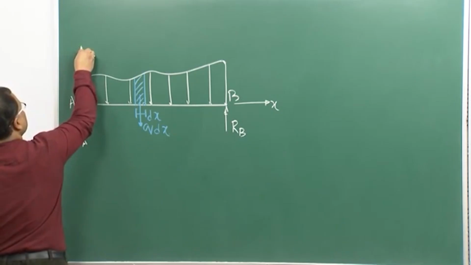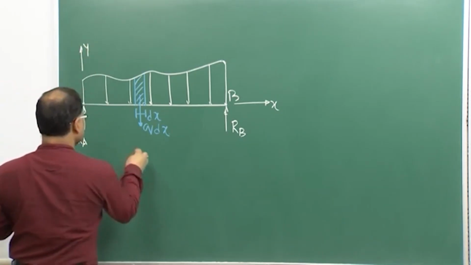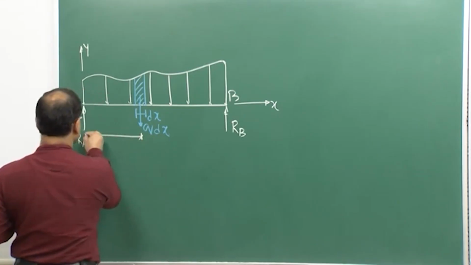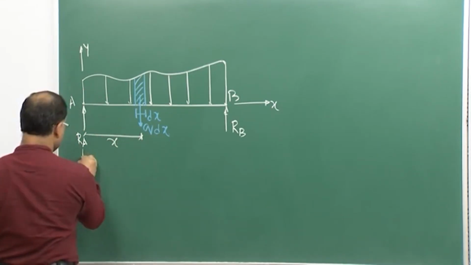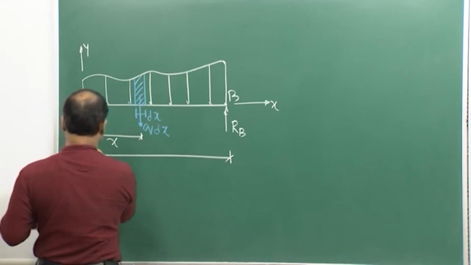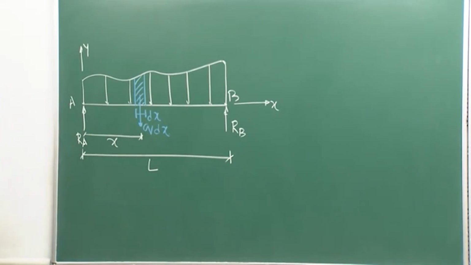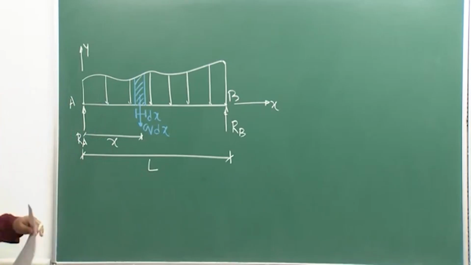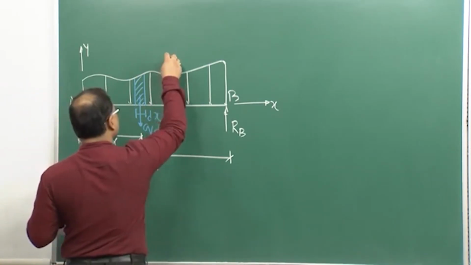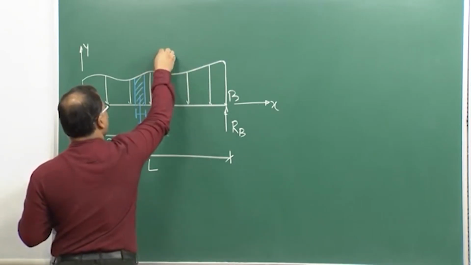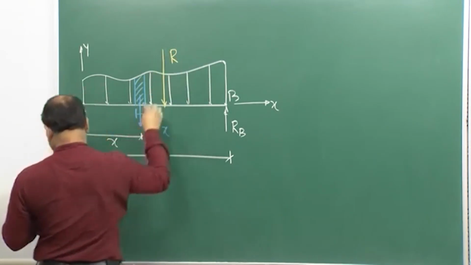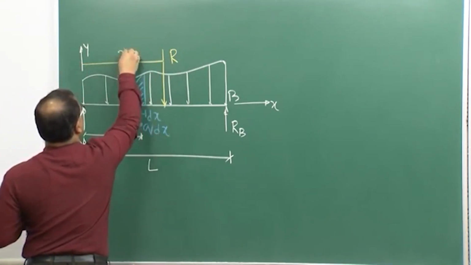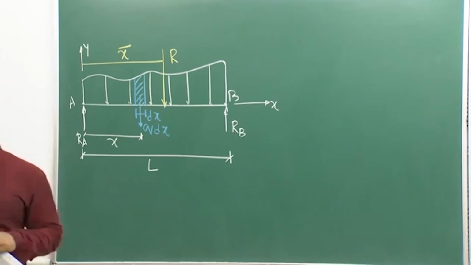So, this is your y direction and this distance is x and the total length of the beam is L. And q is the load intensity. If I consider the whole distribution, the resultant of the whole distribution of load is nothing but R, which is acting x bar distance away from the y axis.